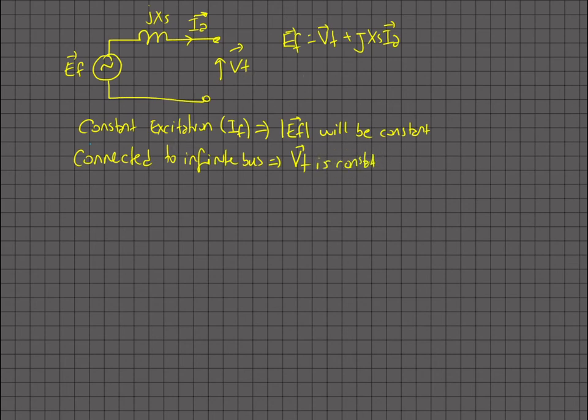Whatever you do, you will not be able to change the magnitude or the phase of that terminal voltage. This is an infinite bus, and it will stay there whatever you do with your field current.